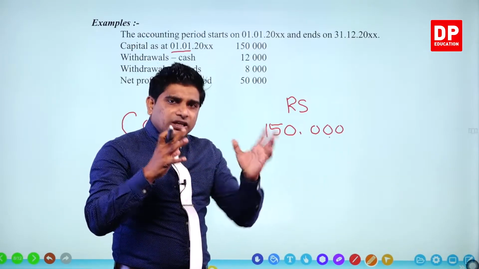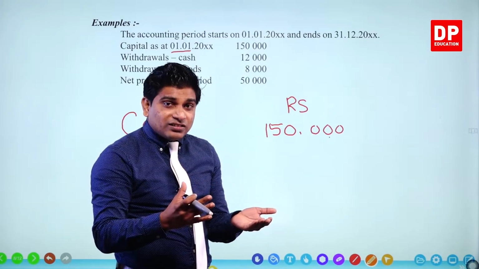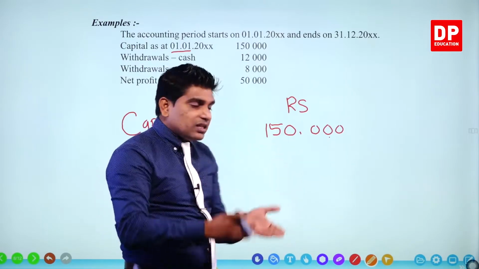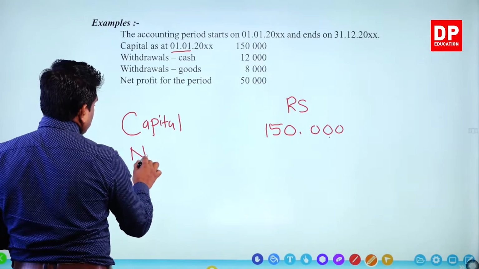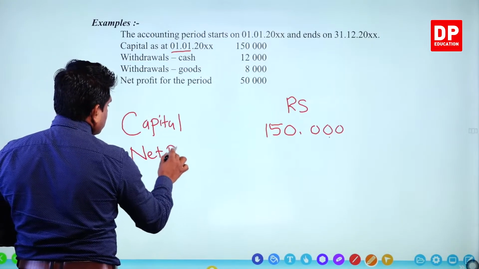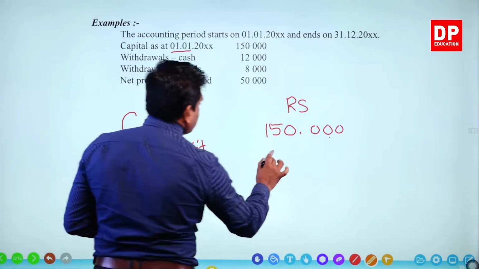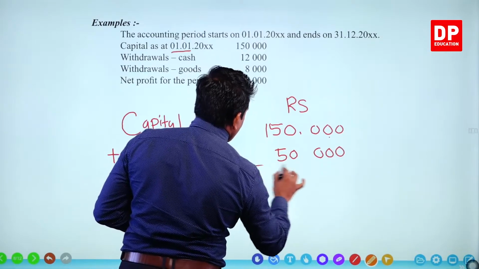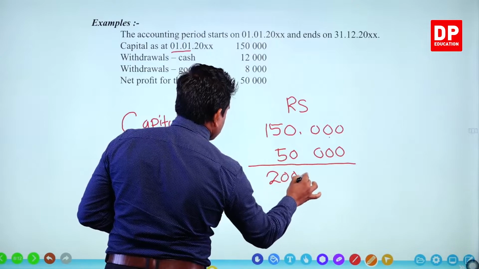They have given not income, not expense, but the final result: net profit. It's like income. What happens to equity? Increases. During the year you earned net profit of how much? 50,000. Now tell me, your equity increased by 50,000. Your total capital, total equity, is 200,000.